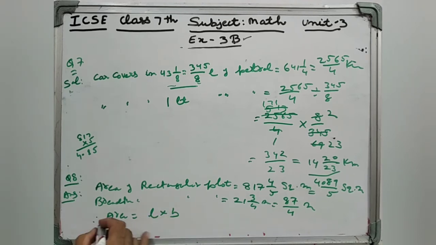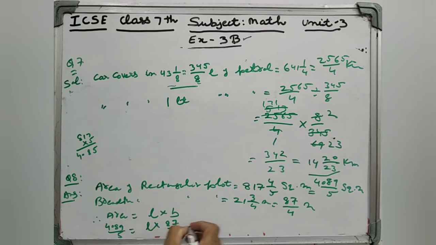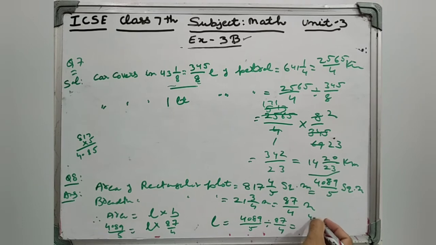Area is given here as 4089 upon 5. Length we have to find, breadth is 87 upon 4. Therefore length will be 4089 upon 5 divided by 87 upon 4, which is 4089 upon 5 multiplied by 4 upon 87.